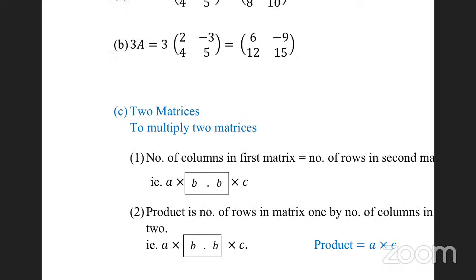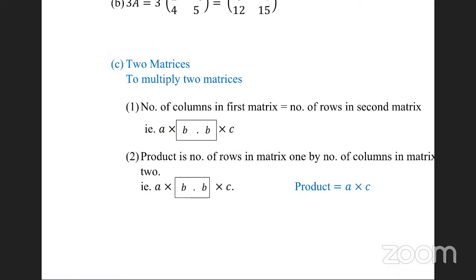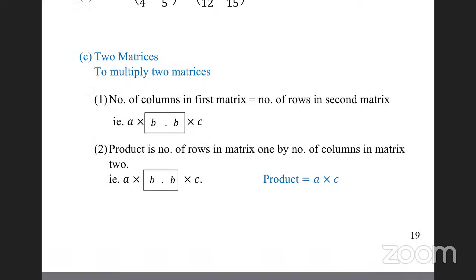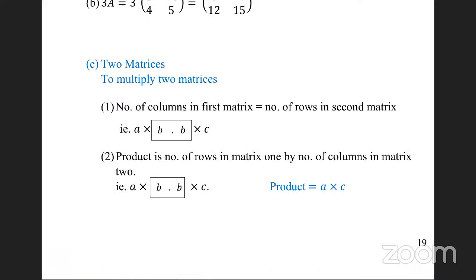Whenever you multiply 2 matrices, two rules have to hold. The first rule is the number of columns in the first matrix has to be equal to the number of rows in the second matrix. If they're not equal, you can't multiply them. If they are equal, then the product is an A by C matrix.